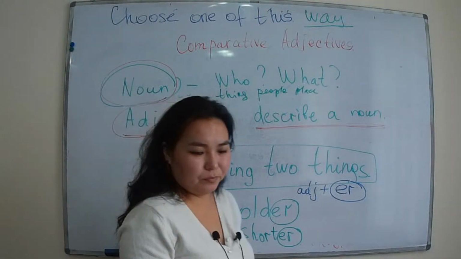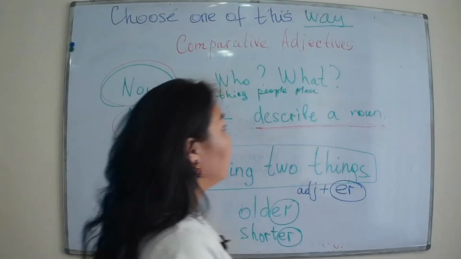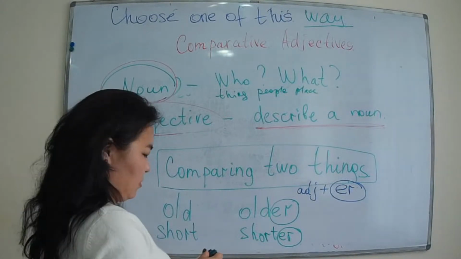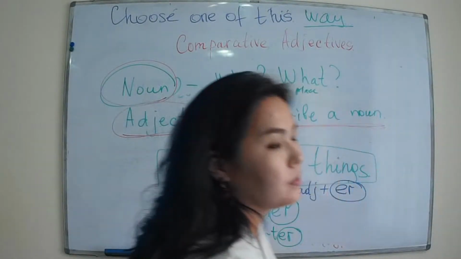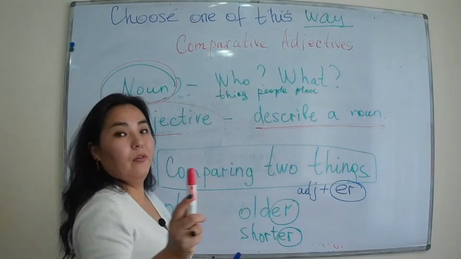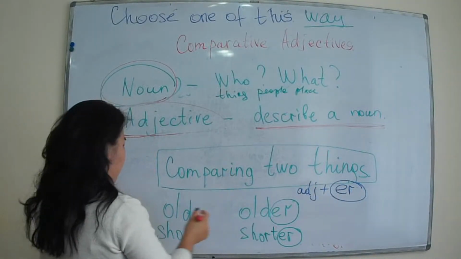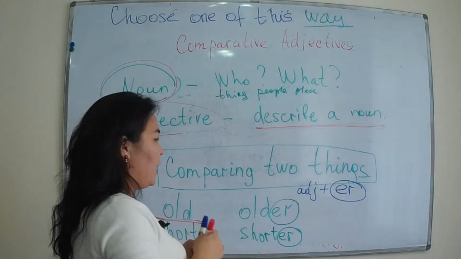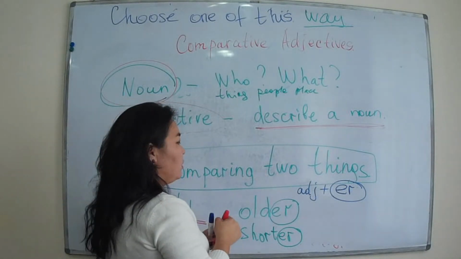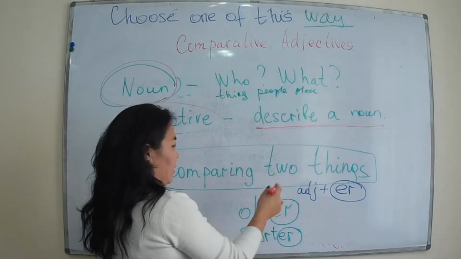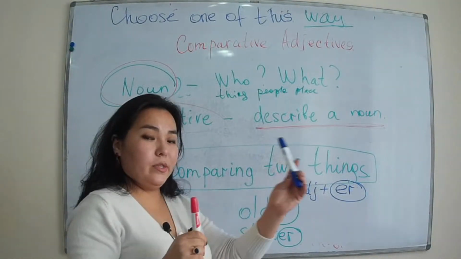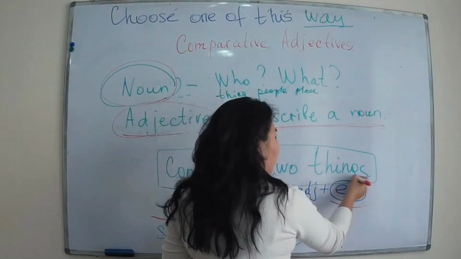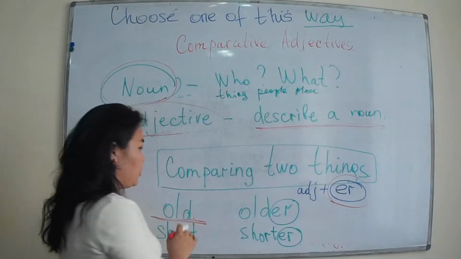So, we want to describe this marker. For example, this red marker is old. And if we want to compare this marker with another marker, we add the ending er to this adjective.